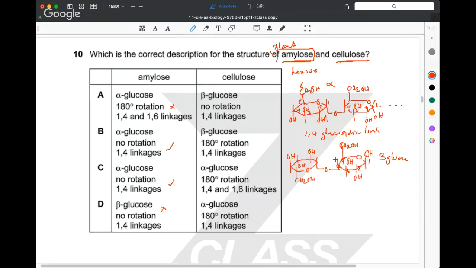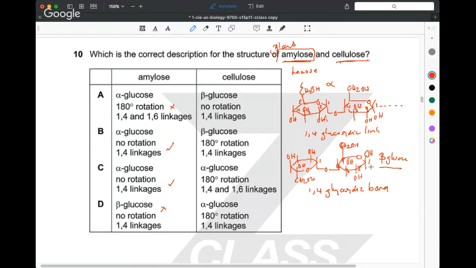And if you count round the other way, this is carbon number 1, isn't it, here? All right. So you've got, again, a 1,4 glycosidic bond, or glycosidic link, but you've got beta glucose, and this molecule is in the same orientation as the ones up here, but this one's been flipped round, hasn't it, by 180 degrees.